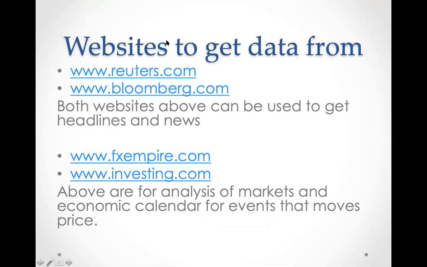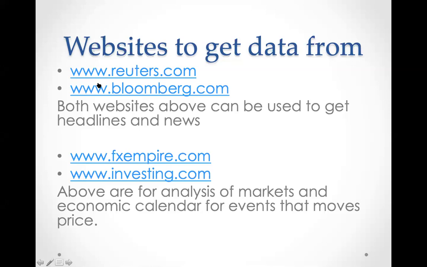Okay, so like I was saying, the two websites at the top, Reuters.com and Bloomberg.com, are good for getting headlines and news, and so many other news outlets. When you actually check the source of their news, you would see that it's coming from Reuters or Bloomberg.